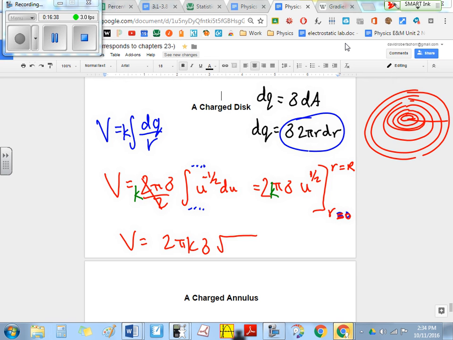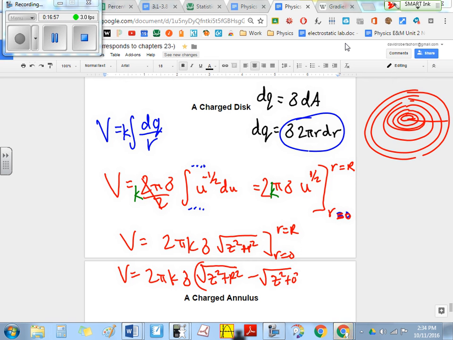But we have to change that back to square root of z squared plus little r squared before we update these and plug them in. Okay, so that's what I did wrong. There we go. So it's 2 pi k sigma square root of z squared plus big R squared minus square root of z squared plus 0 squared. Okay, final answer, 2 pi k sigma square root of z squared plus R squared minus z.